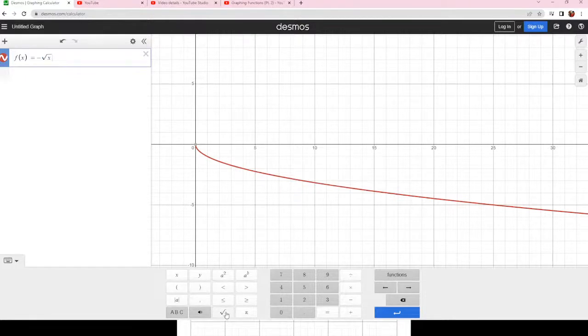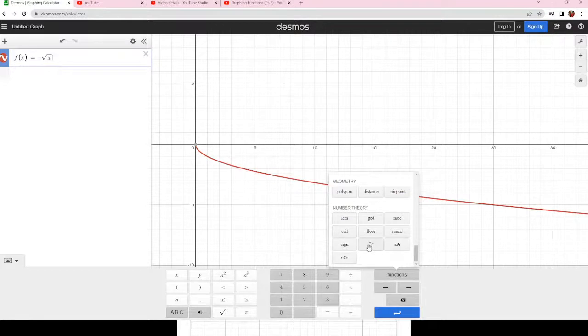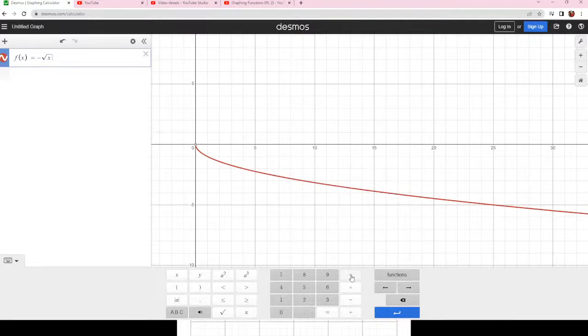Remember that square root button is here, absolute value button is here, that's that straight up and down, that when you need to take some root that's not a 2, you have to use this button here. And when you need to do exponents, they're here. I think I already covered that.